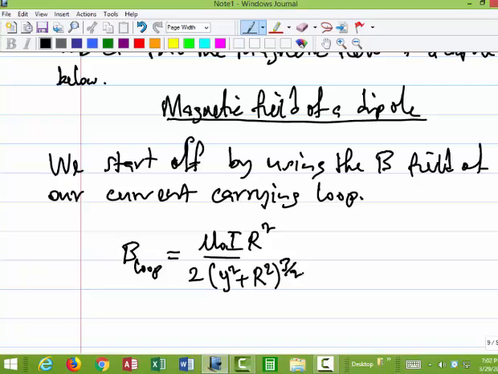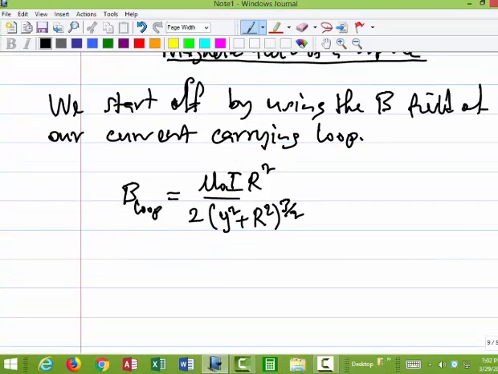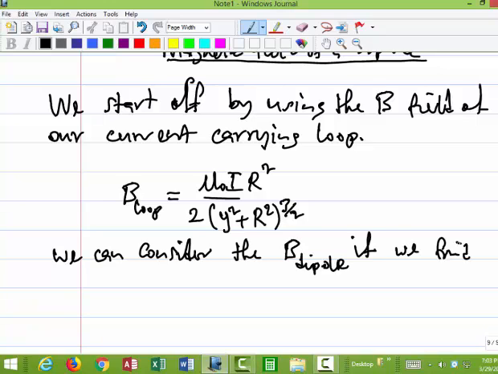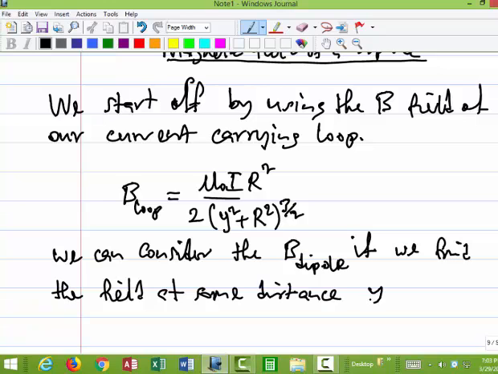So we can use that to find the magnetic field of a dipole. By definition, we said that the dipole is a small current carrying loop. So the whole idea is that we want to make the dipole very small. This means that we want to make the distance very long from the dipole. So we can consider the field of the dipole if we find the field at some distance y much greater than r.